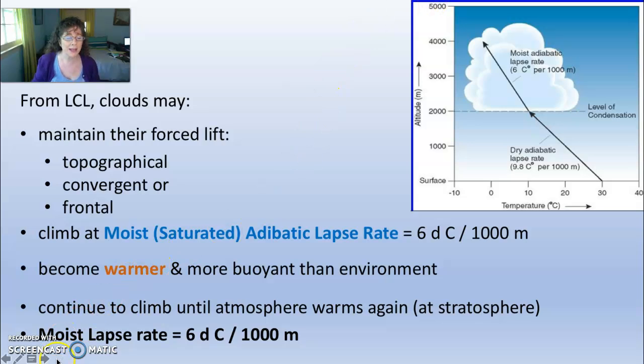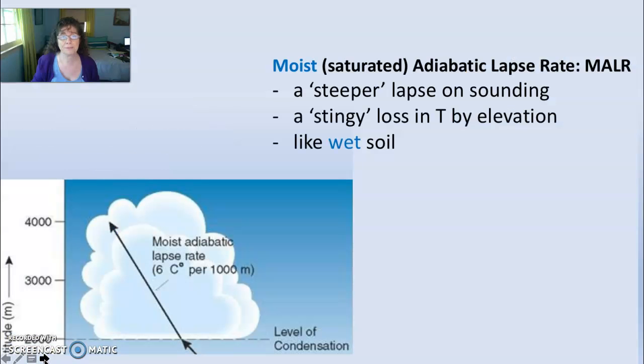The moist adiabatic lapse rate is 6 degrees Celsius per 1,000 meters. You can think of this as your mnemonic for a stingy loss in temperature per 1,000 meters. It's actually less than your dry adiabatic lapse rate, so it's a little stingier.